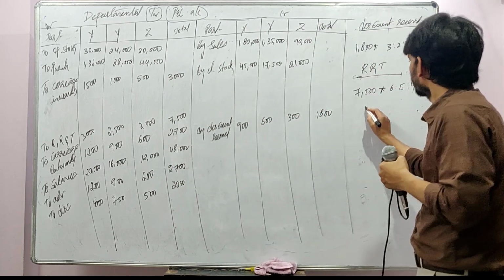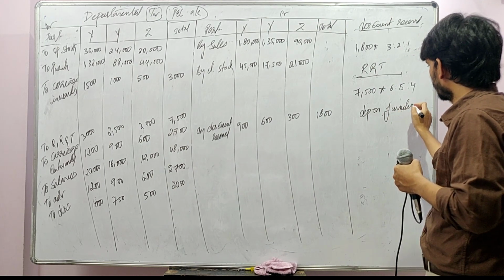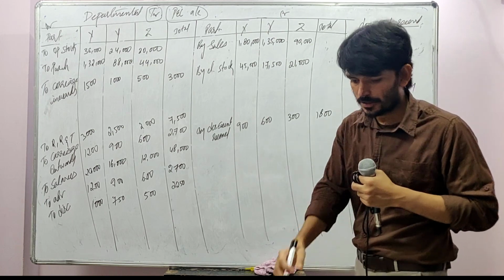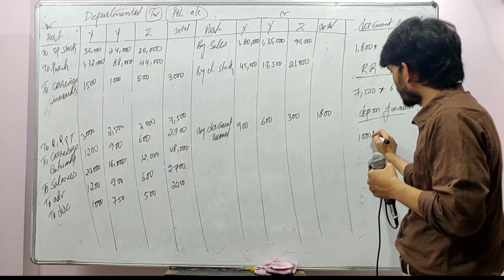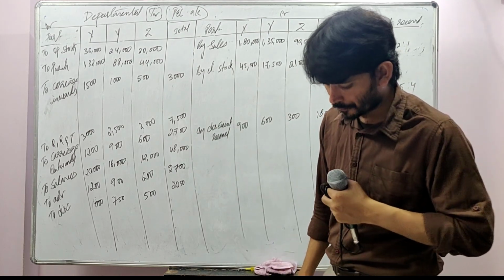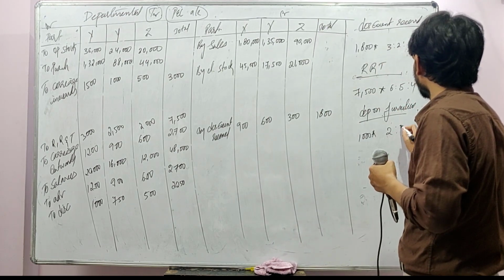Depreciation on furniture. Is there any information relating to the furniture? He has given depreciation on furniture 1000, and what information he has given? For the furniture he has given the value of the furniture. Value of furniture in each department 20, 20, 10. Well, the 2:1.